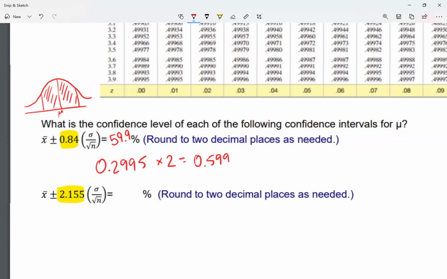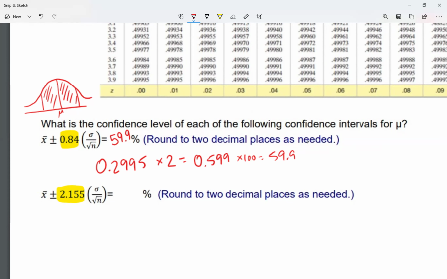Remember, when you have a decimal, you remember from that foundations class or pre-algebra or even algebra, they said when you have a decimal, to move it to a percentage, just multiply by 100. And that's how I got the 59.9. Some people even say just move the decimal 2 places to the right. That's really what happens when you multiply by 100.